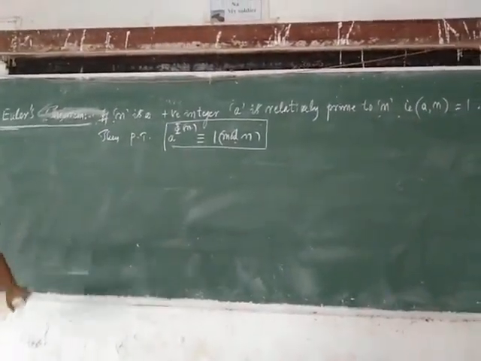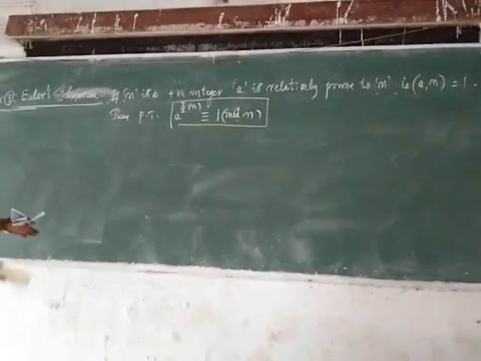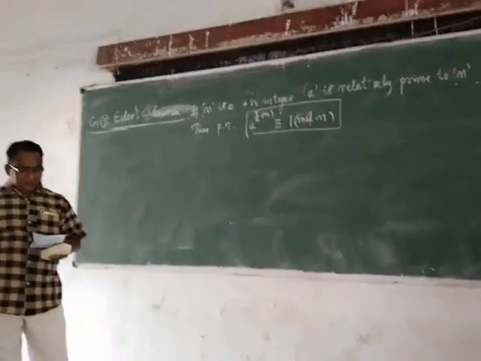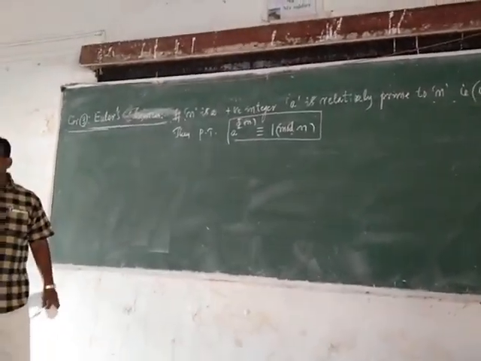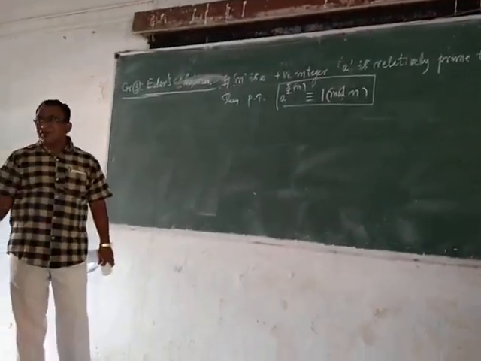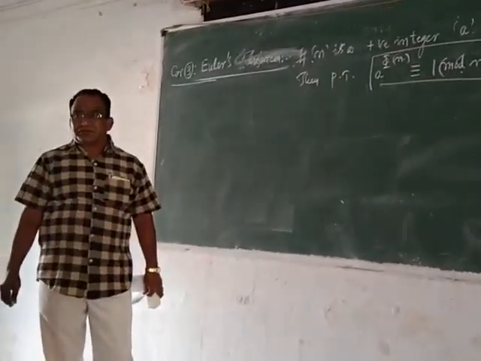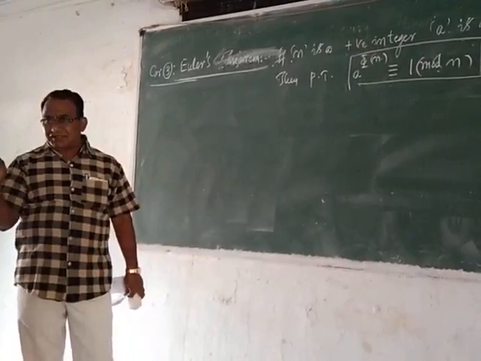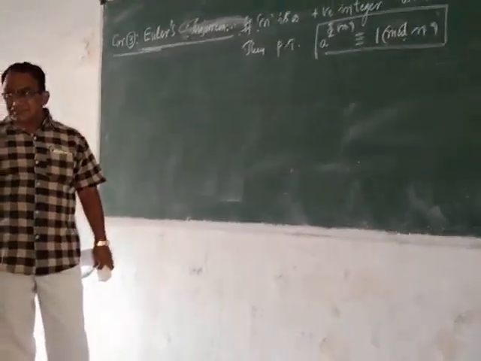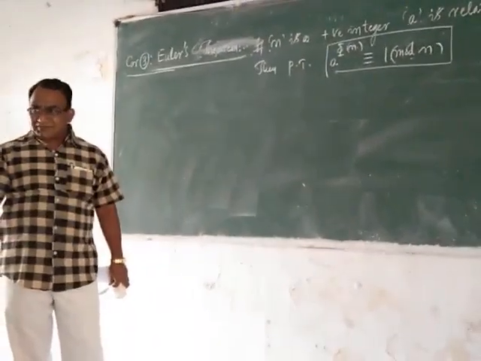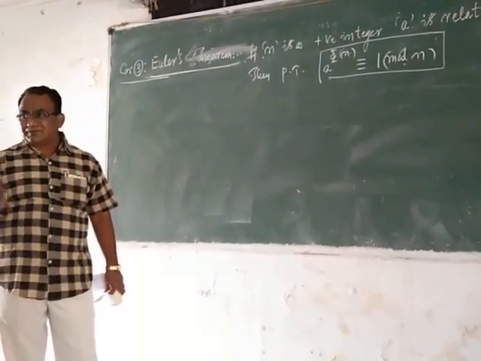We know one thing. The set of all positive integers which are relatively prime to n form a group.